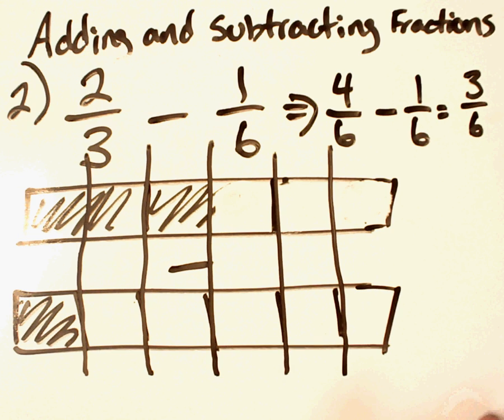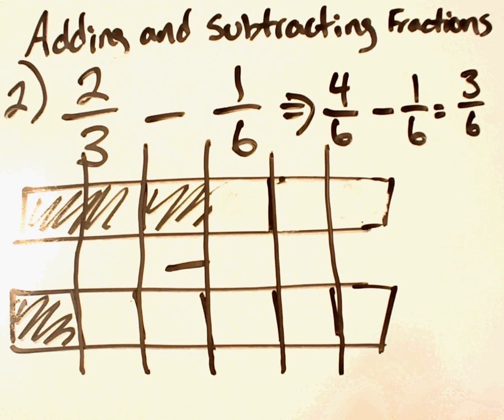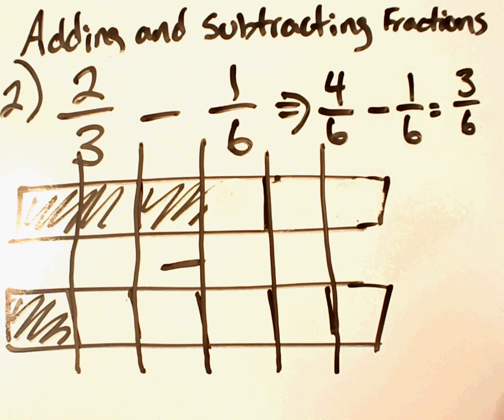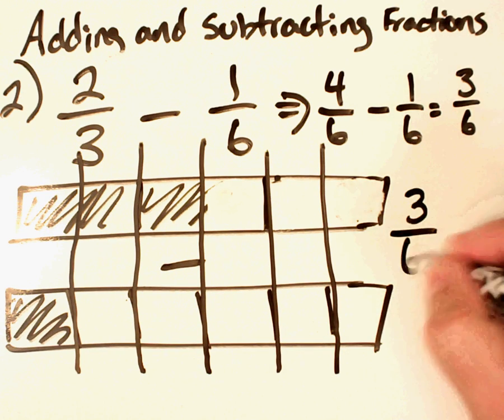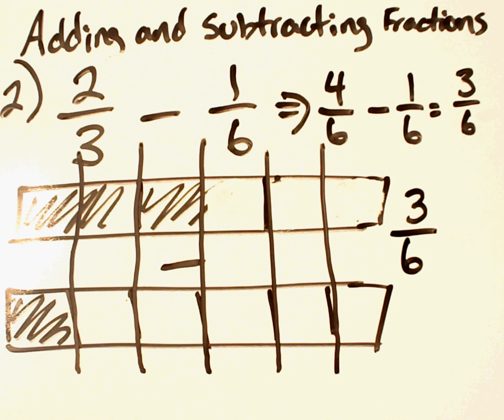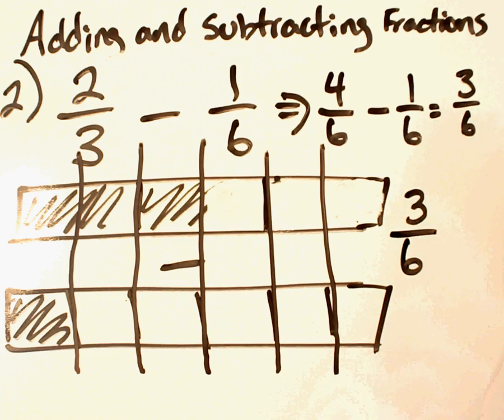Now the other thing I need to do here is I can't leave 3/6 as 3/6 because that answer is not in its simplest form. I need to find an equivalent fraction that is in its simplest form.